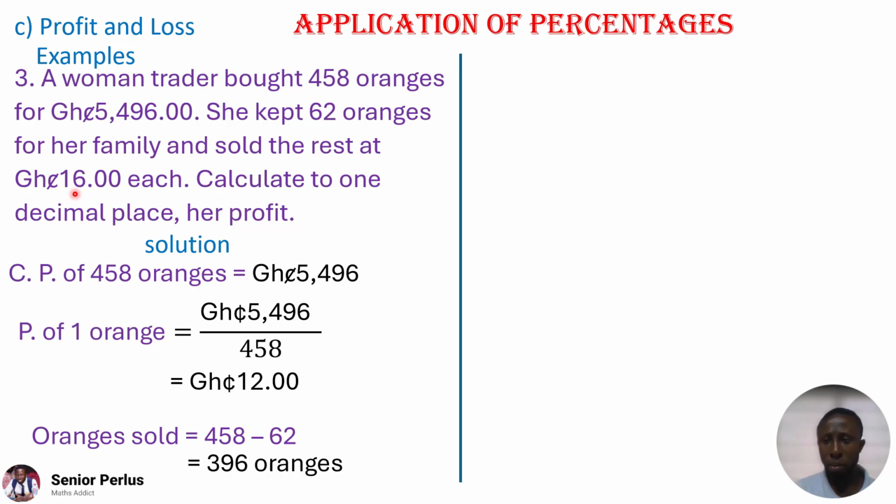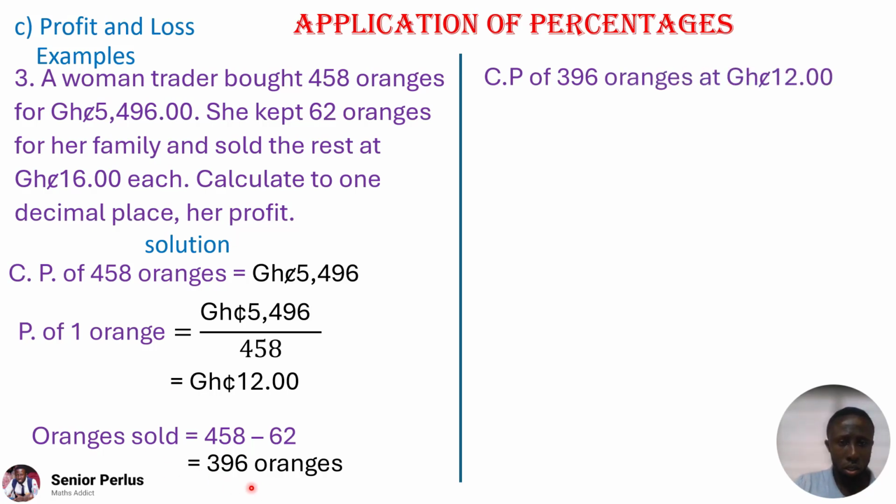Okay. Now, since we know what the woman sold, the question says calculate her profit to 1 decimal place. Now, for us to know the cost price of what the woman sold, so that's 396 oranges at 12 cedi, okay, because one orange is 12 cedi.